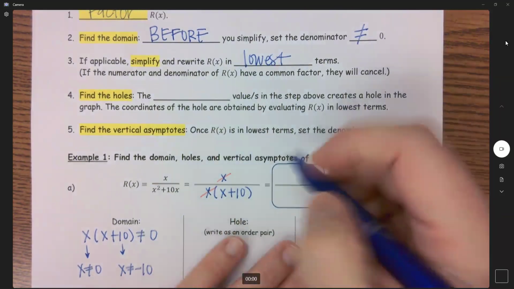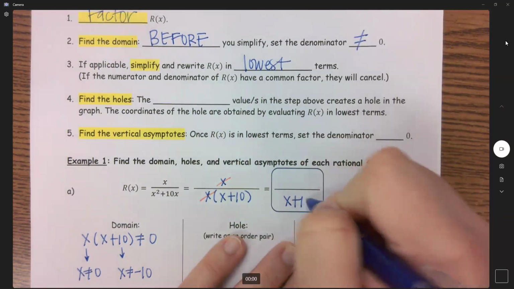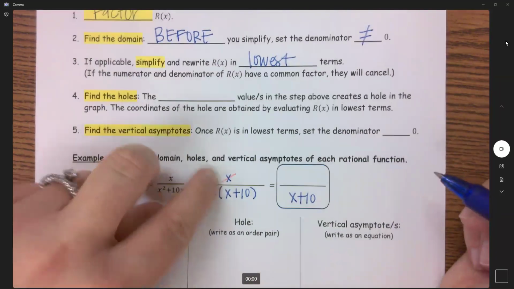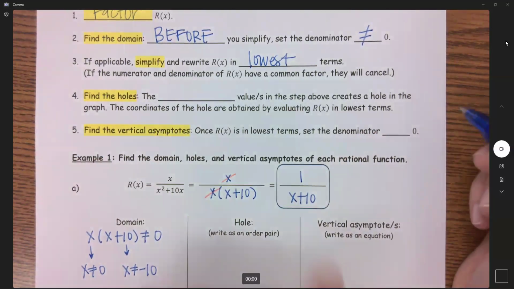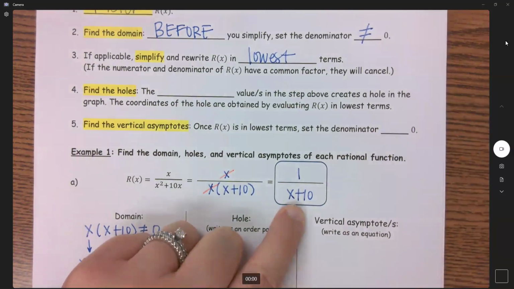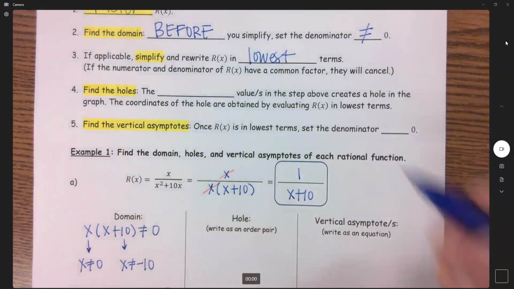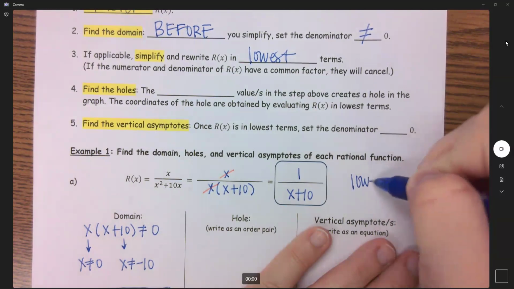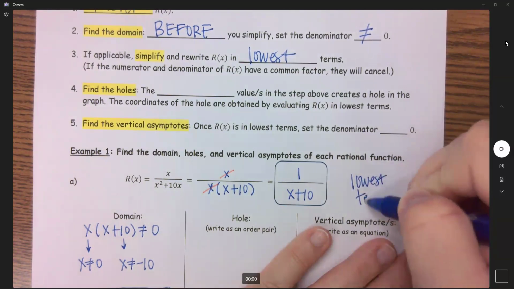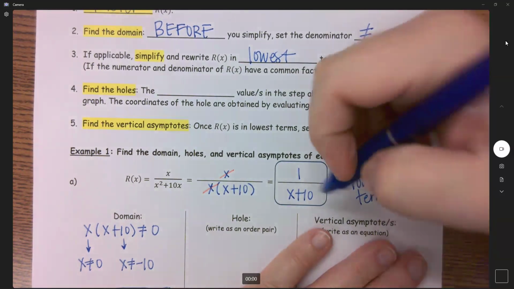I am left with only x plus 10 in the denominator. And if everything in the top cancels, we'll put a placeholder of 1. So this right here that I have boxed, this is my rational function in lowest terms.